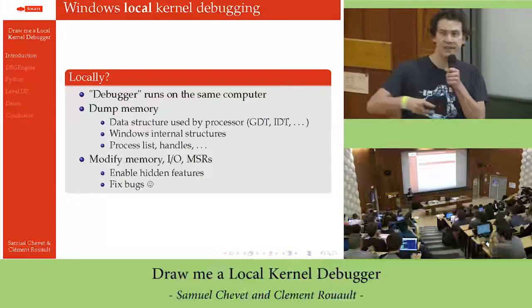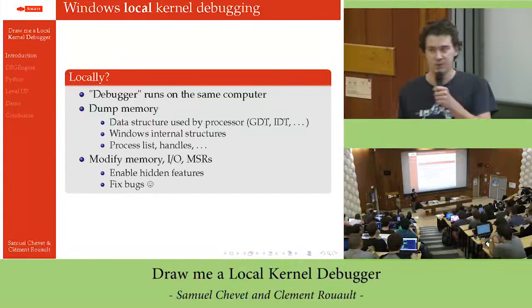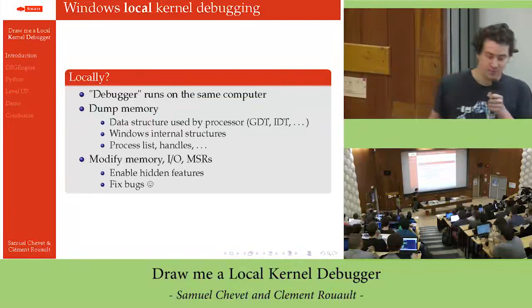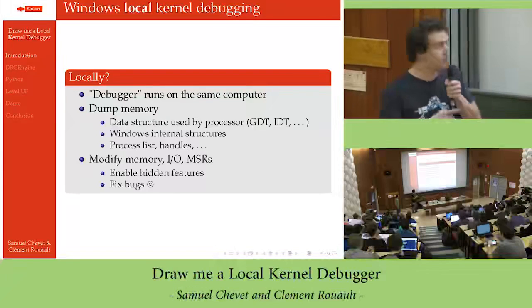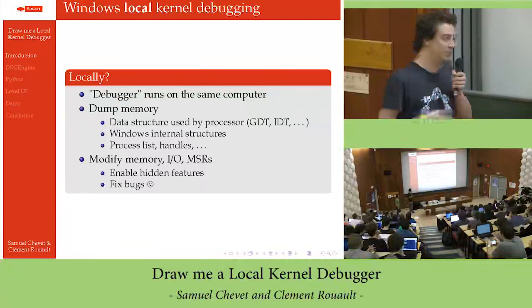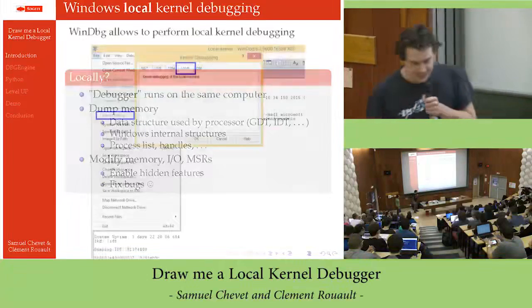So you can read it and write it. And you can also read and write input-output ports and model-specific registers. And in our case, it was cool, because you will be able to enable hidden features and fix bugs, as you will see.